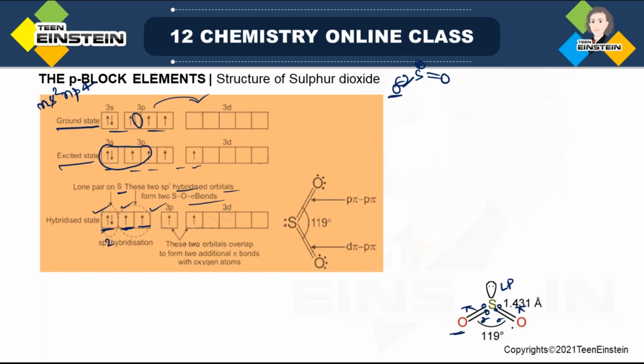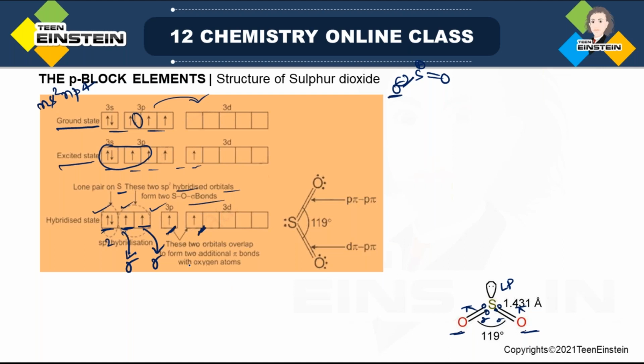That means here you can see two sigma bonds. These two are used for bond formation with oxygen, but it is a sigma bond. And we know the electrons that are not involved in hybridization are used for pi bond formation. So of these two electrons, one is present in 3p, and another one is transferred to 3d. These two electrons will be used for pi bond formation.